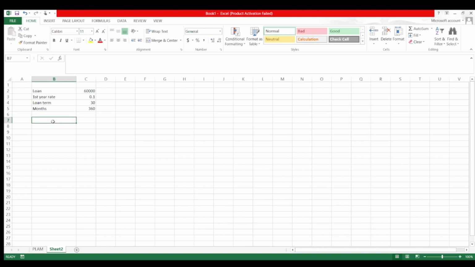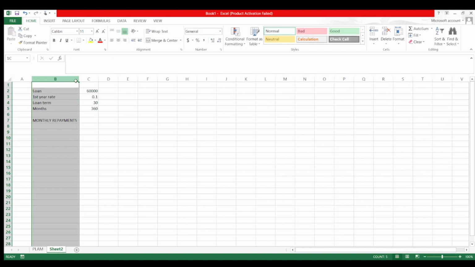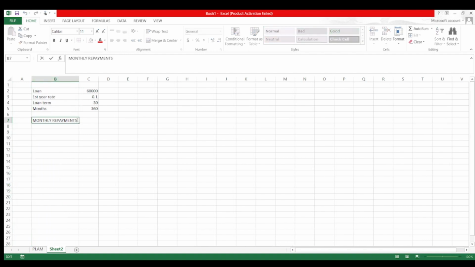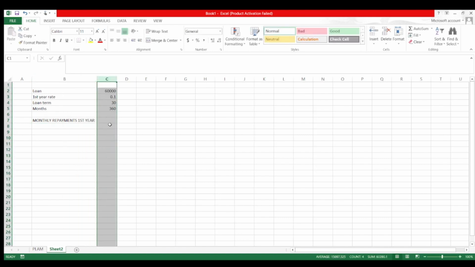Now, based on this information, we need to calculate the monthly repayments. Repayments for year 1. In this case, is equals to PMT.